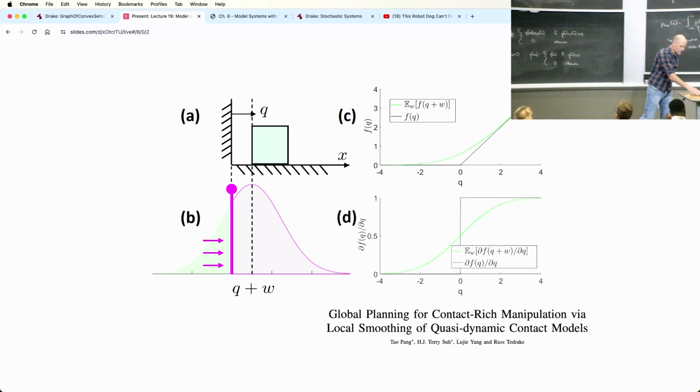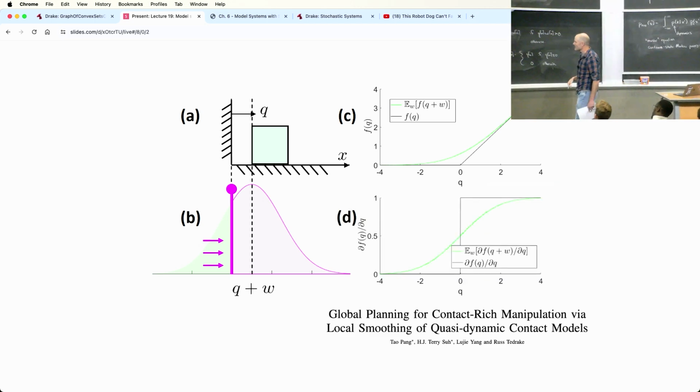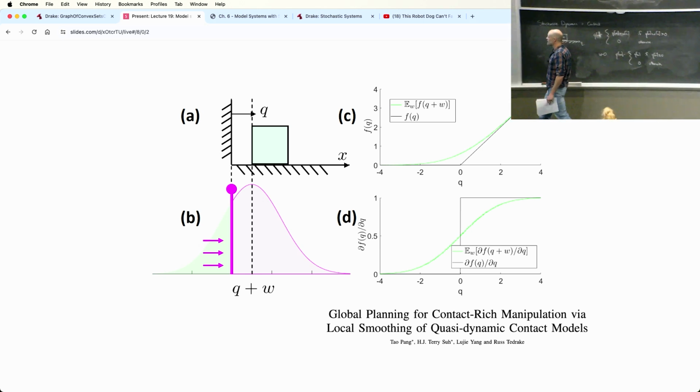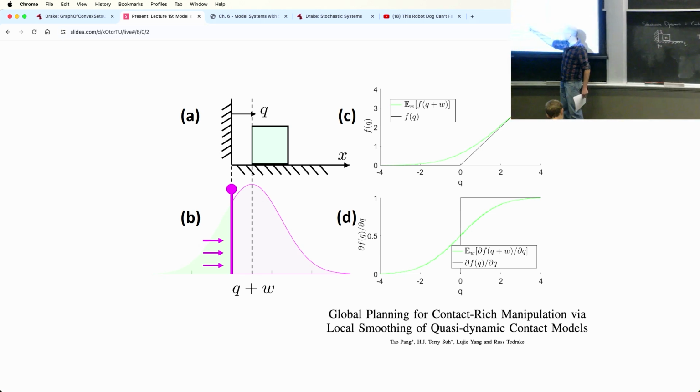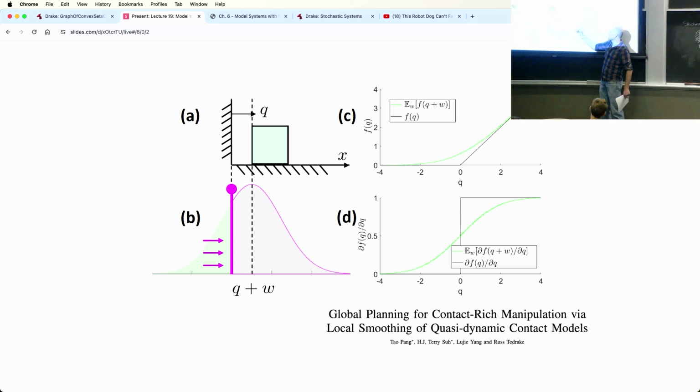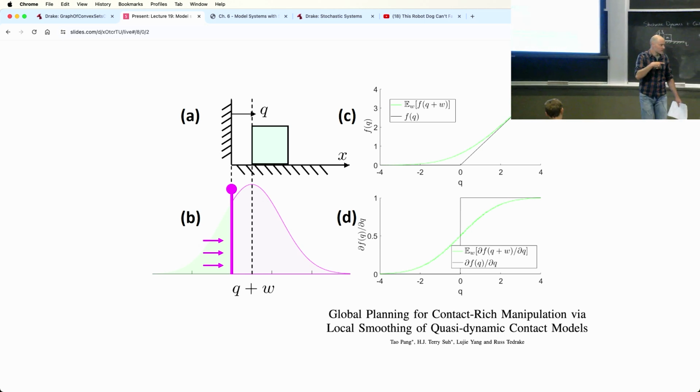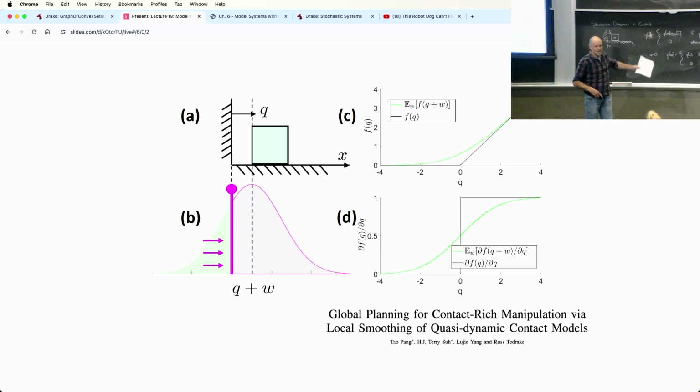There's one more too. If you're doing gradient descent, the gradient of the original contact landscape is a nightmare. It looks like a step function, but the expected gradient looks like this beautiful smooth function. So it's a much better optimization landscape just by having taken that simple model and played it out.